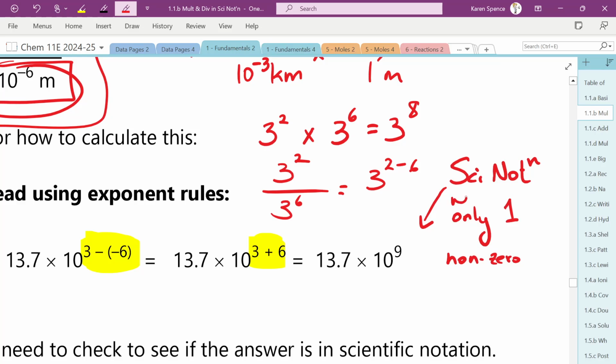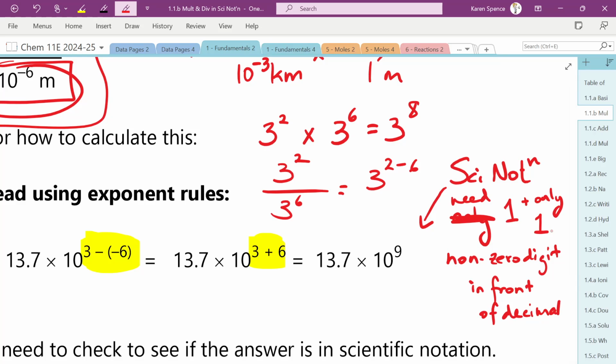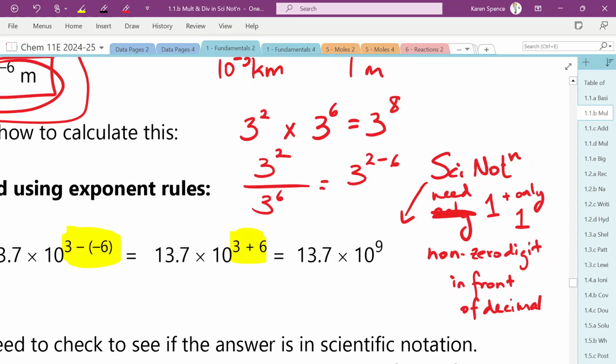You need one non-zero digit in front of the decimal. Actually, I should say one and only one. Okay, that's what I was trying to get with the only one. You need to have a digit there. It can't be 0 and it can't be bigger than 9. Yes? So here we have 13.